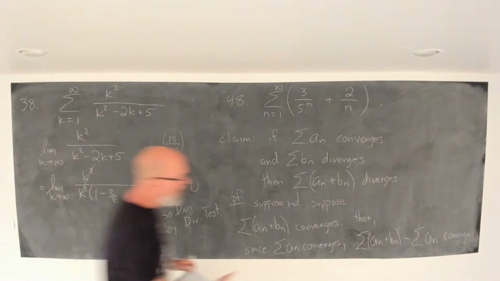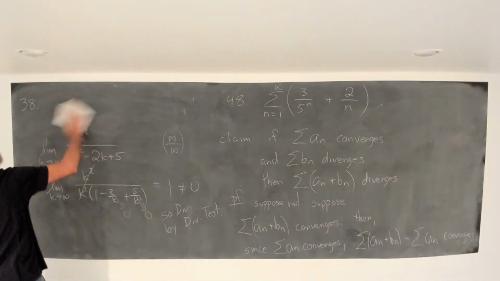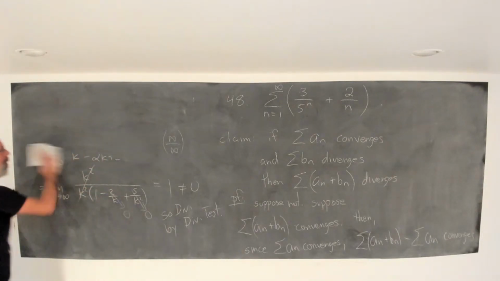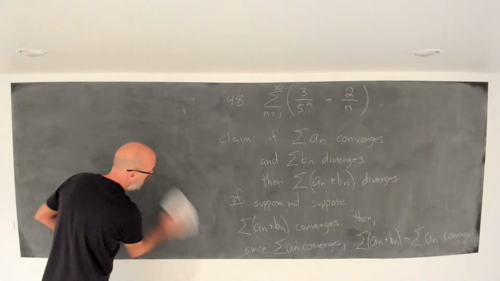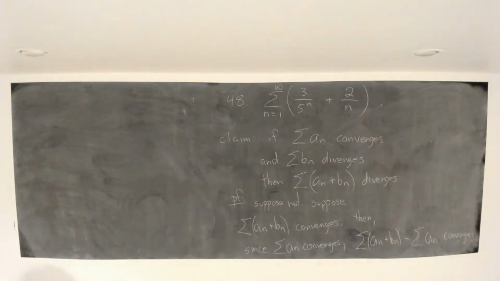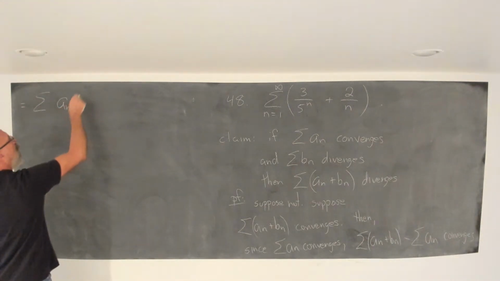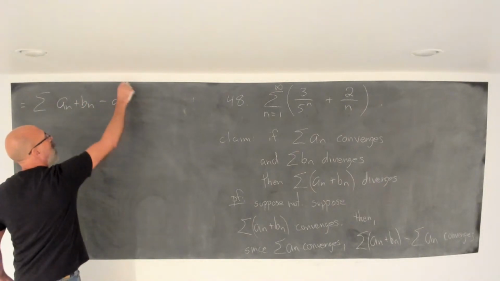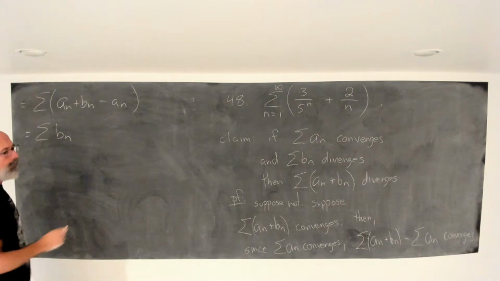And now since both of these converge, you can combine them together and get AN plus BN minus AN, which is just BN.